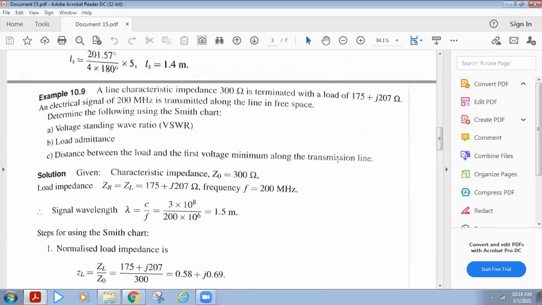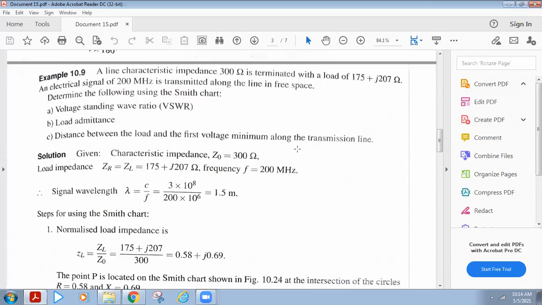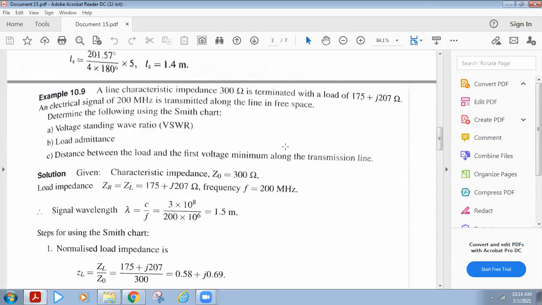See here, the next problem is: the line characteristic impedance is 300 ohms, terminated with a load of 175 plus j207 ohms.